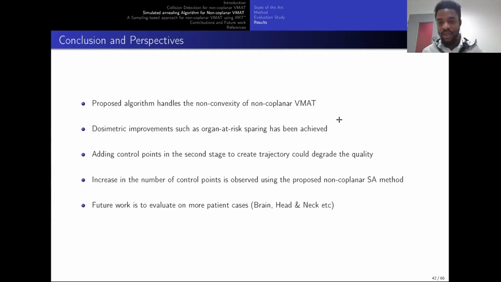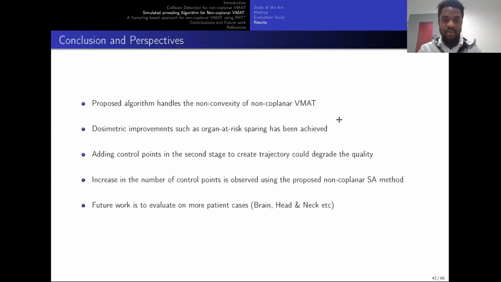The reason is that in simulated annealing, we are trying to select beam orientations in the candidate space, and these beam orientations could be quite far apart. When things are far apart from each other, you try to interpolate to reach from one to the other, so you don't know how many you're going to add. This random process of selecting beams everywhere and trying to interpolate to them causes this.